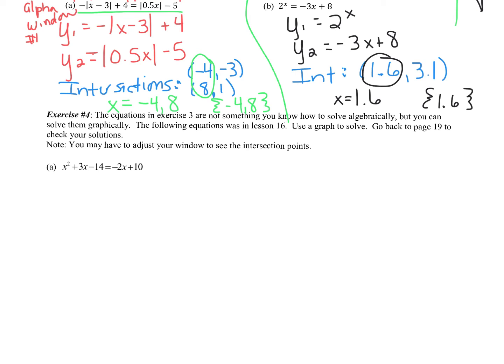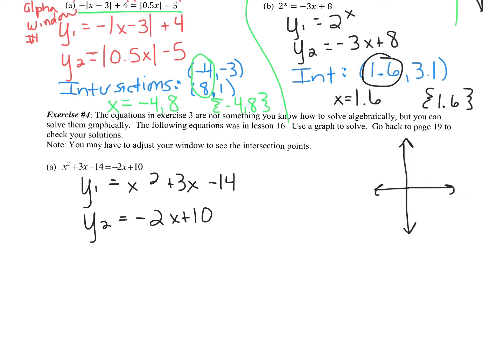So because I'm solving this graphically, we know we're going to graph the first side like this, and the second side like this. So through all of this, hopefully you have a calculator, you can go and look at those graphs. Initially I just typed them in my calculator.